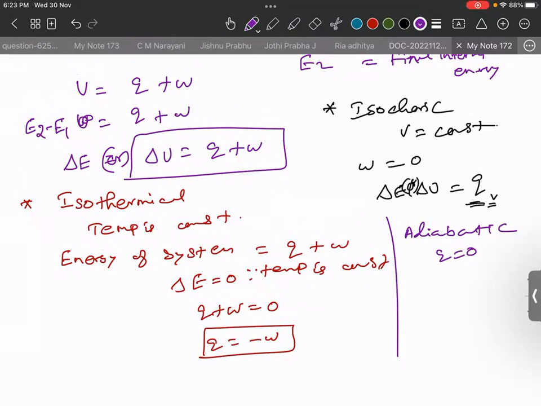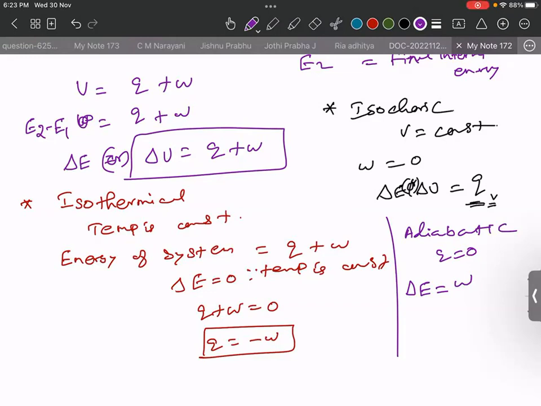Then delta E becomes, so what is the meaning? The work done on the system equals the change in internal energy. For the isochoric process, the internal energy of the system depends upon the heat energy. In the isothermal process, the amount of heat is equal to the work done, whether by the system or on the system.